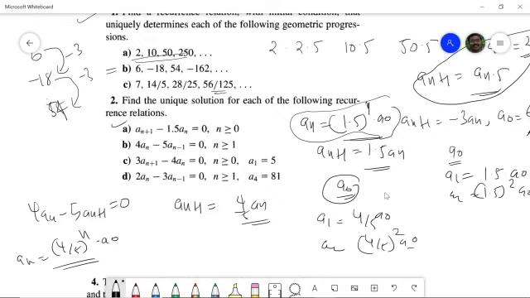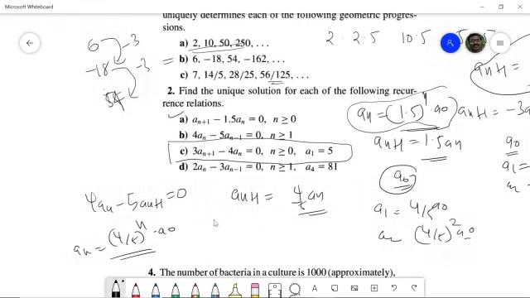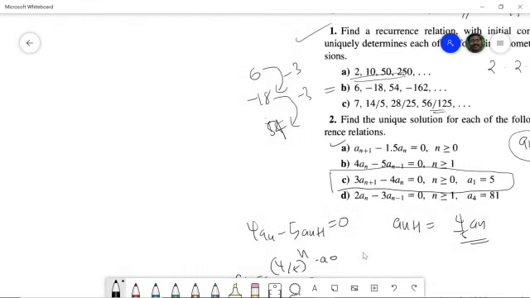Okay, similarly you can see this next problem also. It's a slightly different problem here. 3an plus 1 minus 4an is equal to 0, and some initial conditions are being given to you. a1 is equal to 5 here. So you can write that an plus 1 is equal to 4 by 3 an.